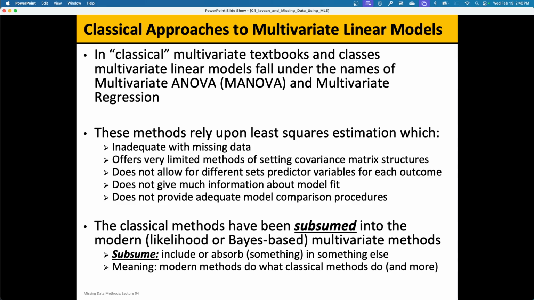So what I'd like to say is all of our classical methods that I mentioned there, MANOVA, repeated measures, and so forth, are now incorporated or subsumed into the SEM framework, Bayesian frameworks, or other methods. And pretty much every result you had before, like, how many of you have learned Wilks' Lambda? Remember that?